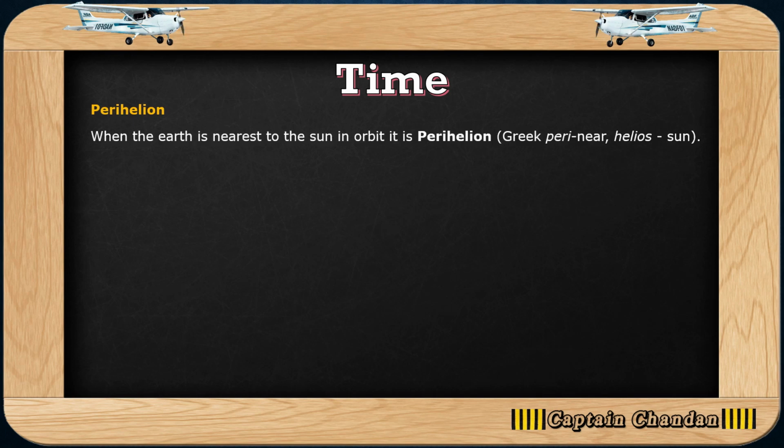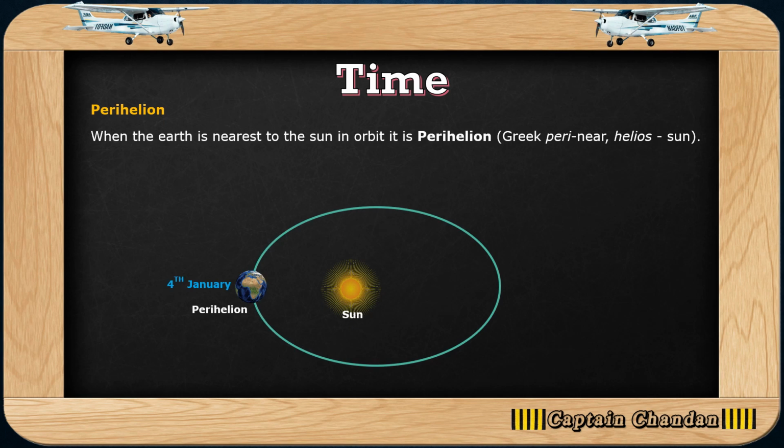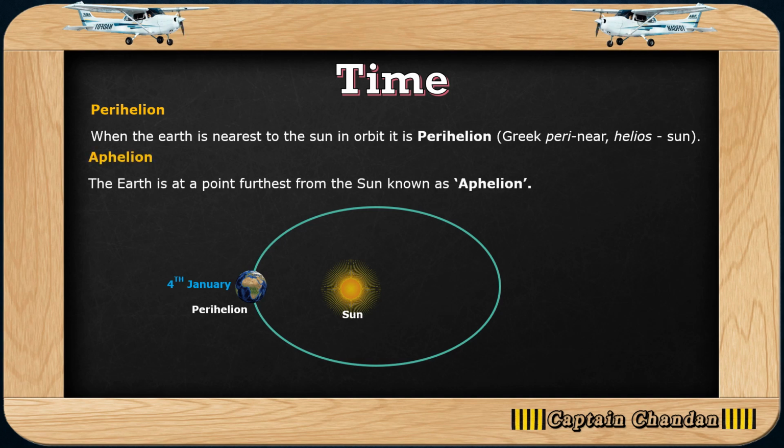Perihelion. When the earth is nearest to the sun in its orbit, it is perihelion. As you can see in the diagram, the earth is near to the sun and it occurs on 4th of January. That is called perihelion. Aphelion. The point where the earth is farthest from the sun is known as aphelion. So aphelion occurs on 4th of July and the earth is farthest from the sun.